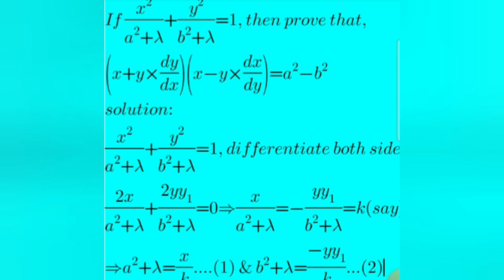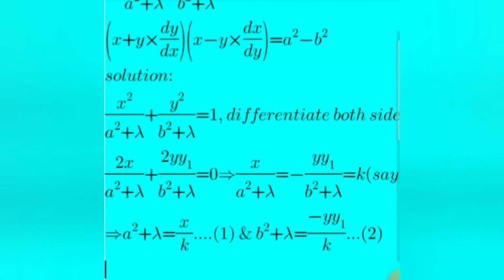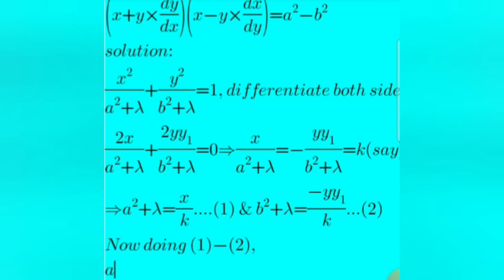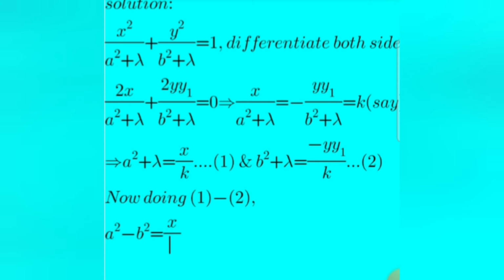Now subtracting 1 and 2, doing 1 minus 2, then a squared minus b squared equals x over k plus y1 over k.